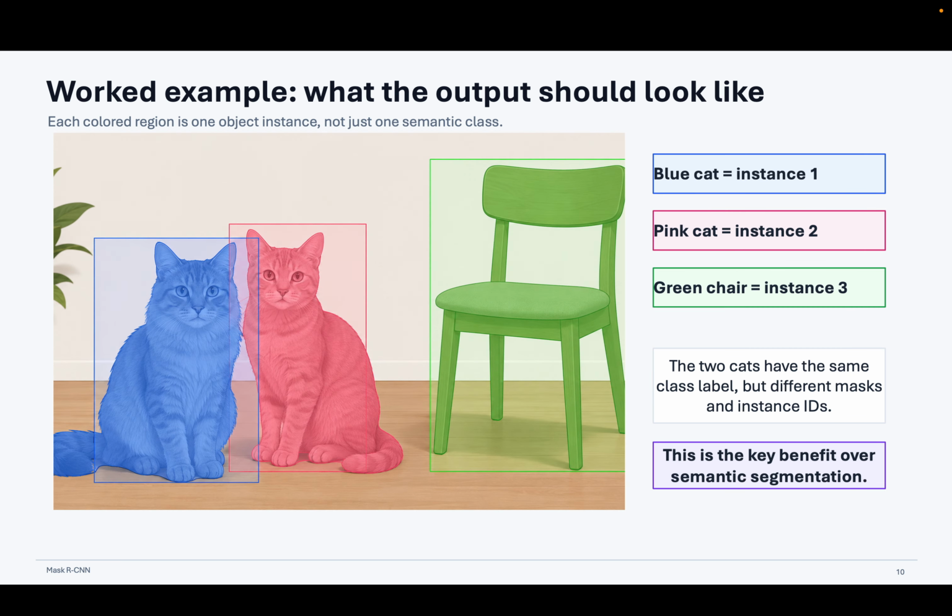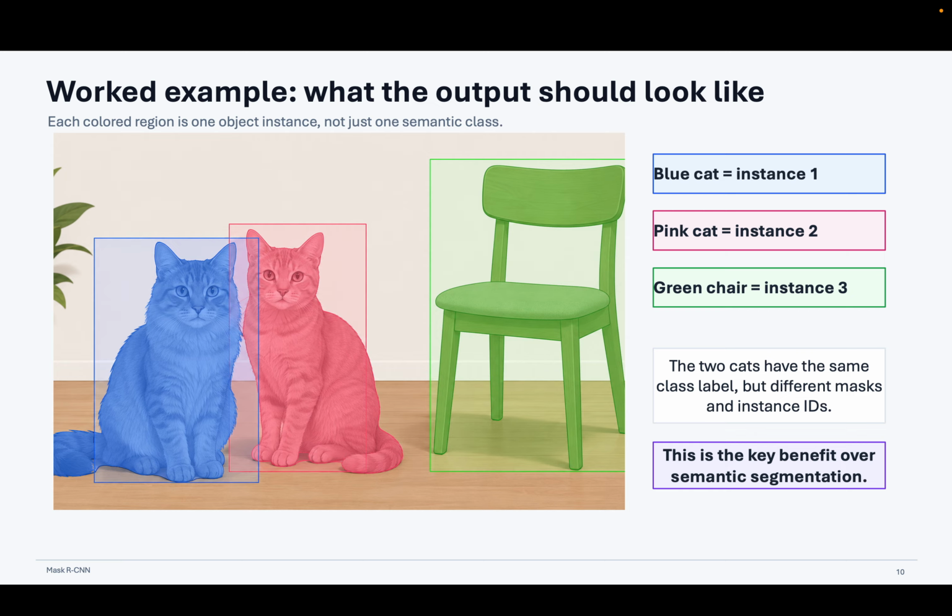This example shows the kind of output we want. The image has two cats and a chair. A semantic segmentation model might label both cats as cat pixels, but may not separate the individual cats. Mask R-CNN is designed to produce a separate mask: cat instance 1 and cat instance 2.